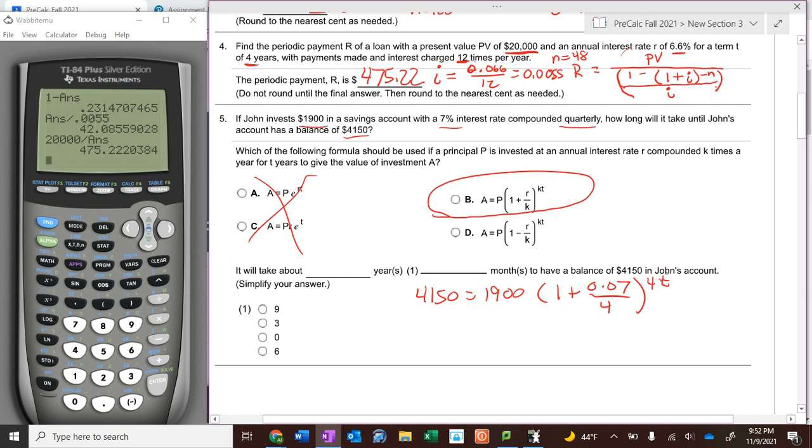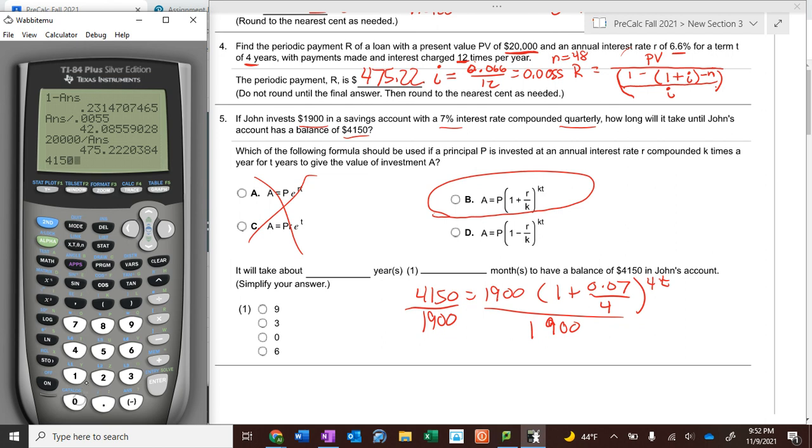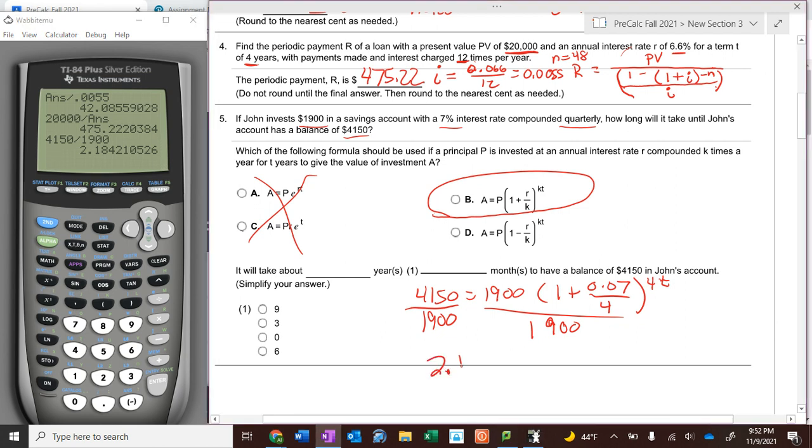My variable's up in the power, so this is why we study logarithms. First, divide by 1,900. So 4,150 divided by 1,900 equals 2.18421.